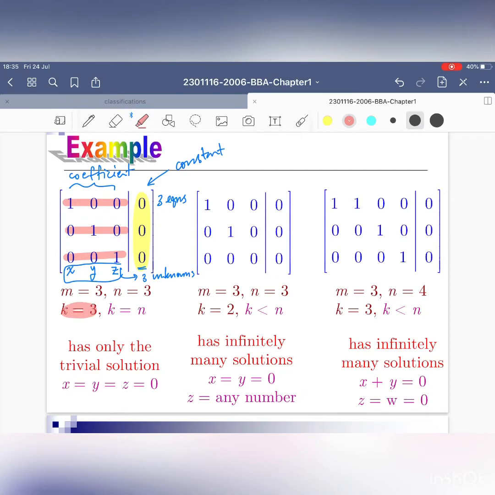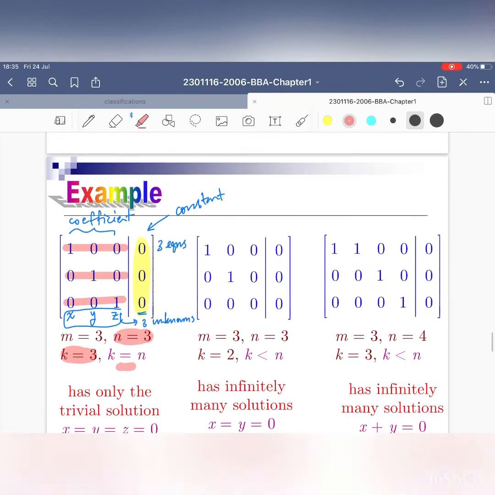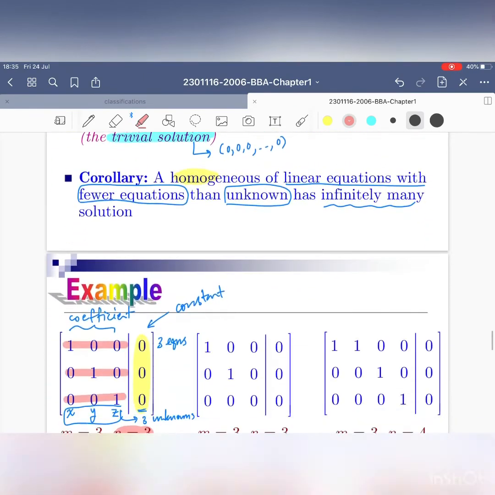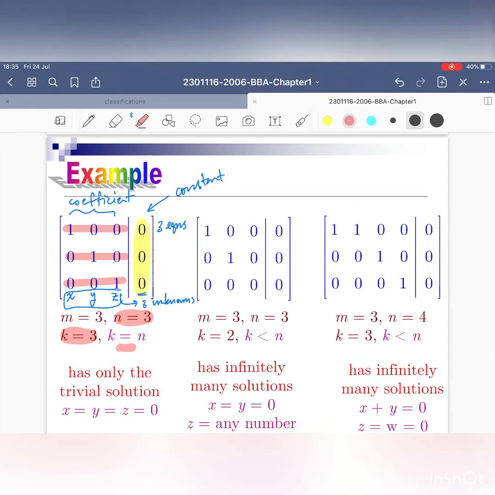So you have 3 non-zero rows, and your number of non-zero rows and your number of unknowns are the same. Then from the second part of the theorem, you don't really need to solve it. It's already known that you have the trivial solution: x, y, and z are all equal to 0.